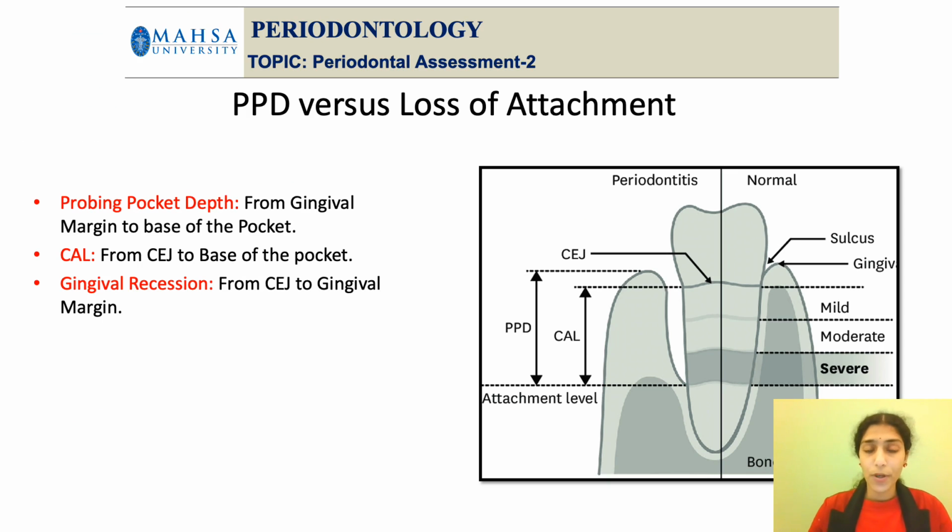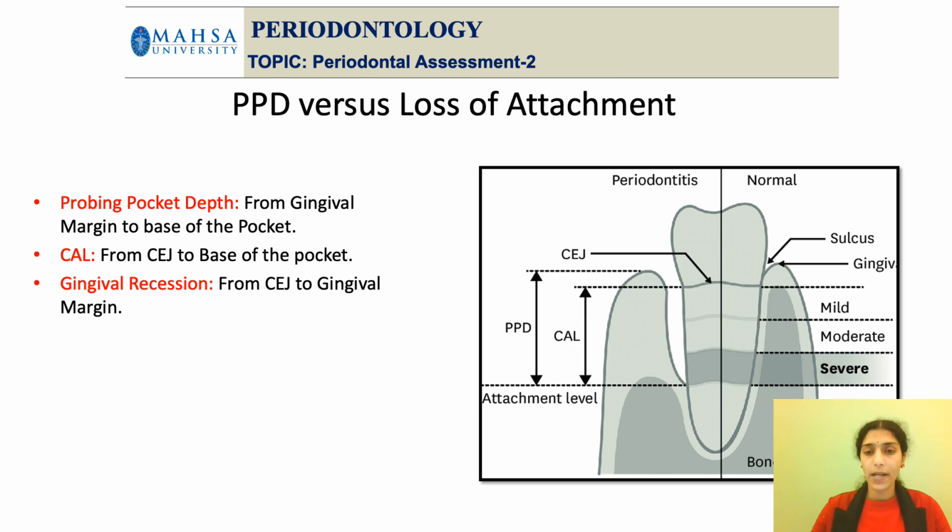Another important parameter, almost the last parameter for the periodontal examination, is attachment loss. The clinical attachment loss and the pocket depth measurement have to be clearly distinguished.